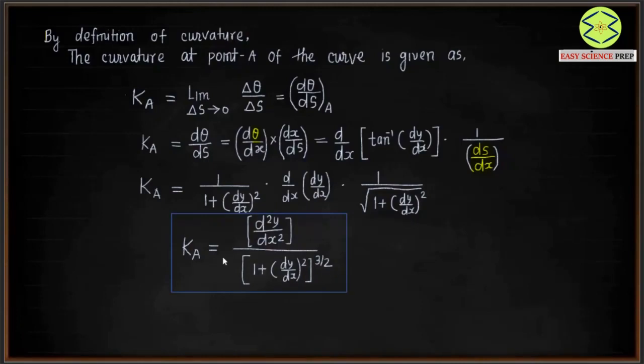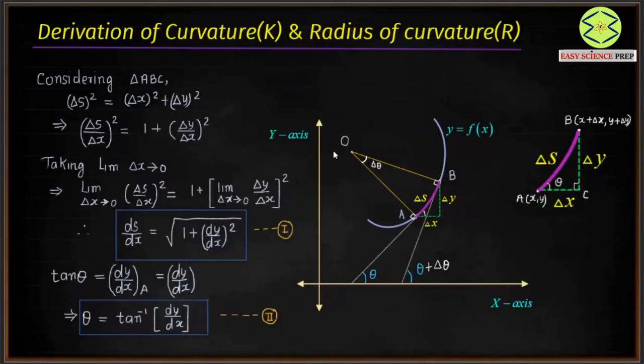Now we know that the curvature is the reciprocal of the radius of curvature. If you wanted to find the radius of curvature at this particular point A, let's say the radius of curvature is r at point A, RA.